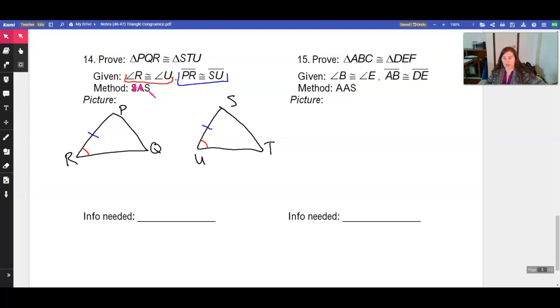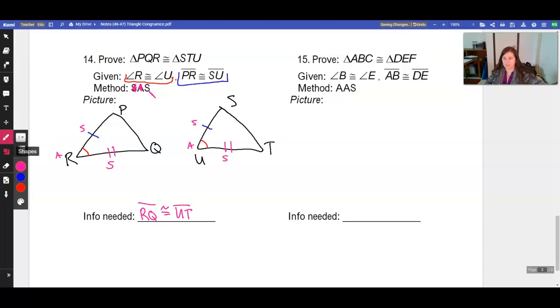If I marked PQ, I'd have angle, side, side. The angle would not be between the 2 sides, so side, angle, side would not work. Okay, so in this case, I have to choose RQ and UT. And again, that makes it side, angle, side. The angle has to be between the 2 sides, so it has to be RQ congruent to UT.